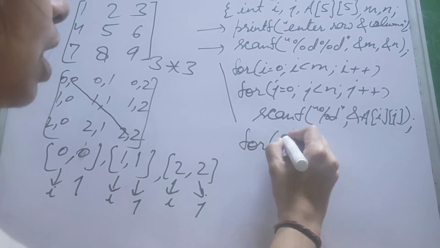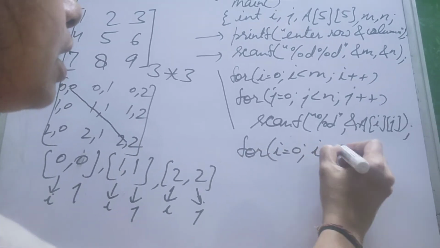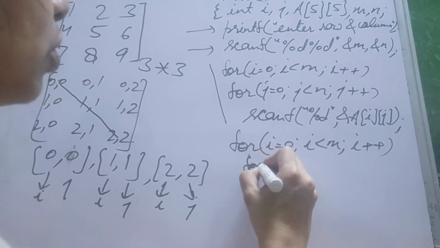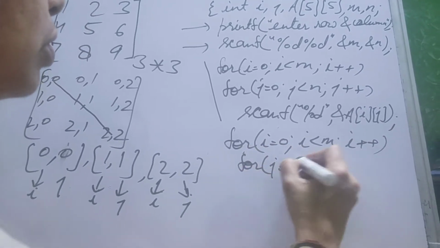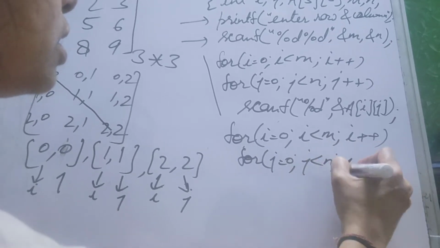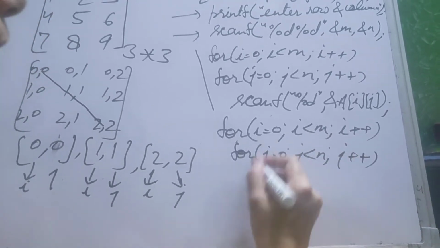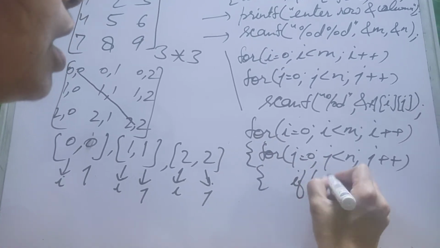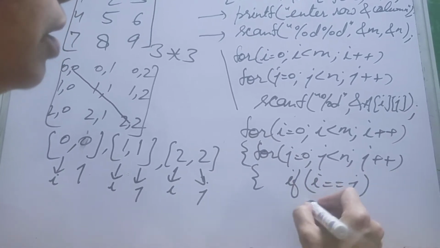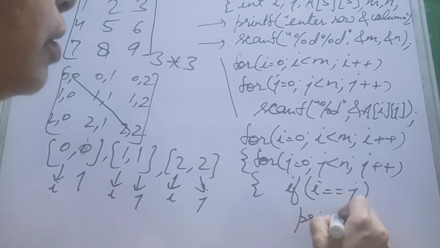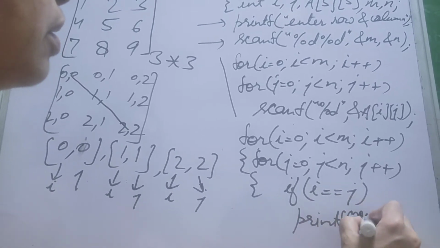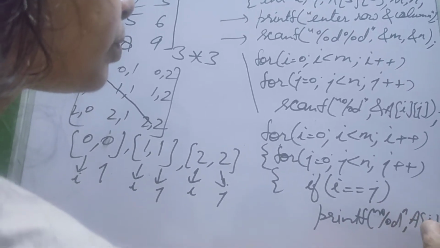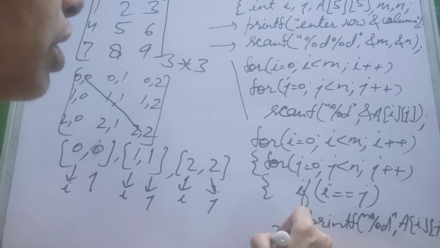Then for i equals 0, i less than m, i plus plus. Next for j equals 0, j less than n, j plus plus. Then the condition: if i equals j, printf "%d", a[i][j]. What will it print?